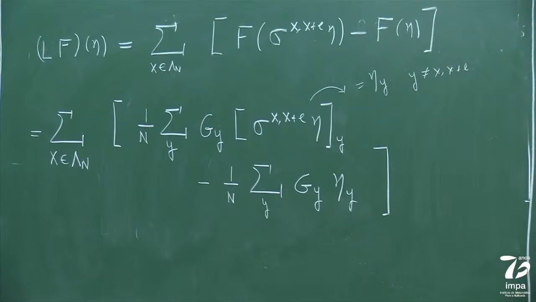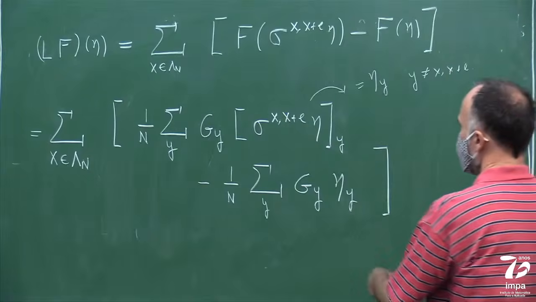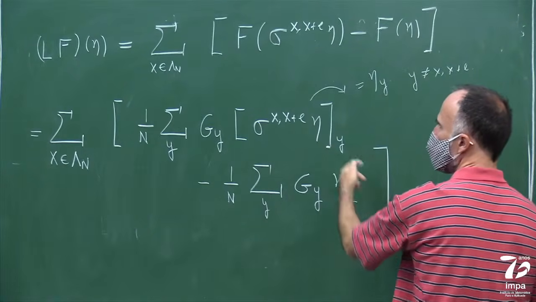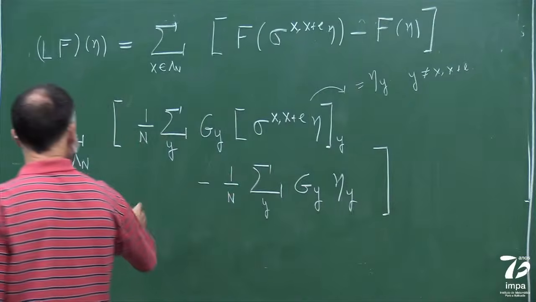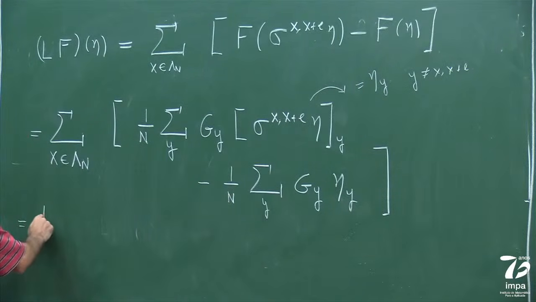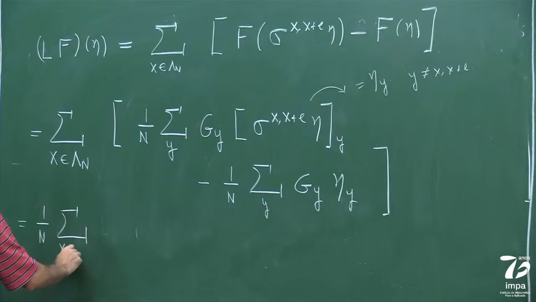Which means that this difference will be 0 unless y is equal to x or x plus e. So I'll take out the 1 over n. I have a sum for x in lambda n. And now this sum is reduced to two terms, y equal to x and y equal to x plus e.